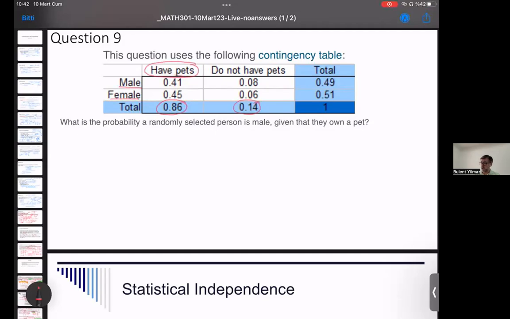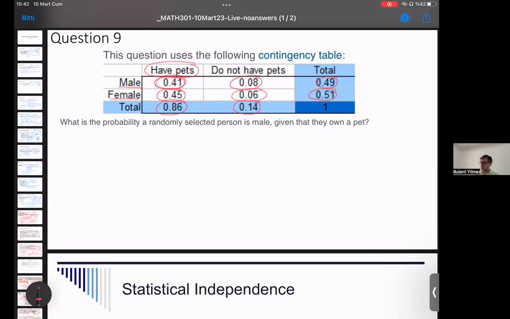Out of 49 males, 41 of them will have pets, 8 of them will not have pets. Out of 51 girls or women, 45 of them have pets, 6 of them have no pets.